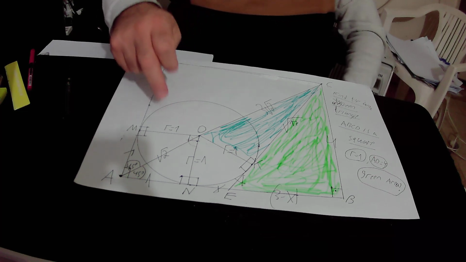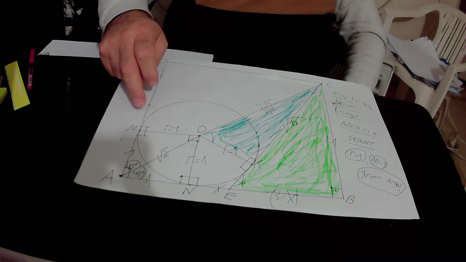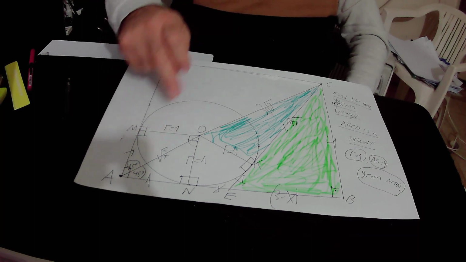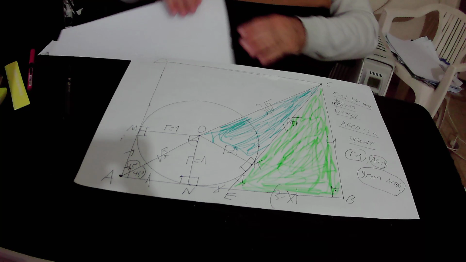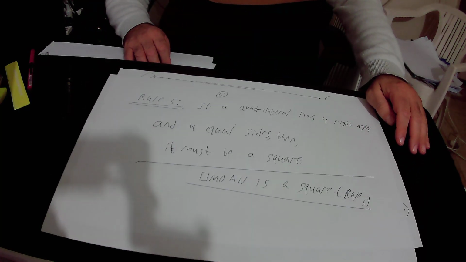And we also found out that all angles in rectangle MOAN are right angles. So we have also rule number 5. According to rule number 5, if a quadrilateral has 4 right angles and 4 equal sides, then it must be a square.